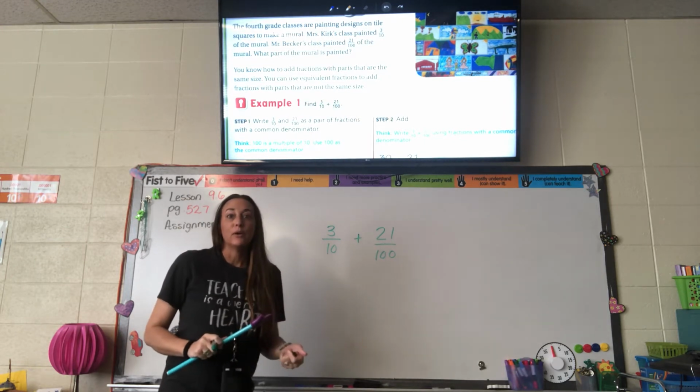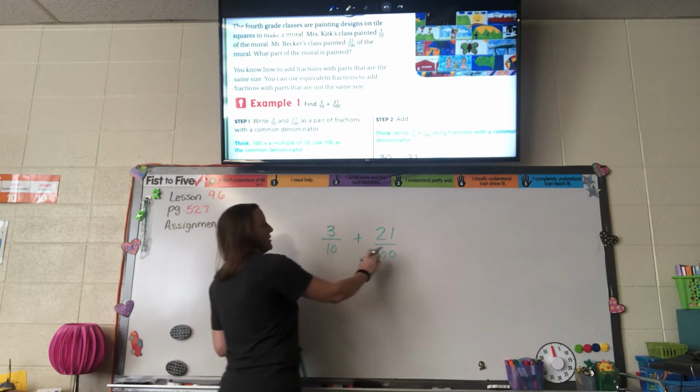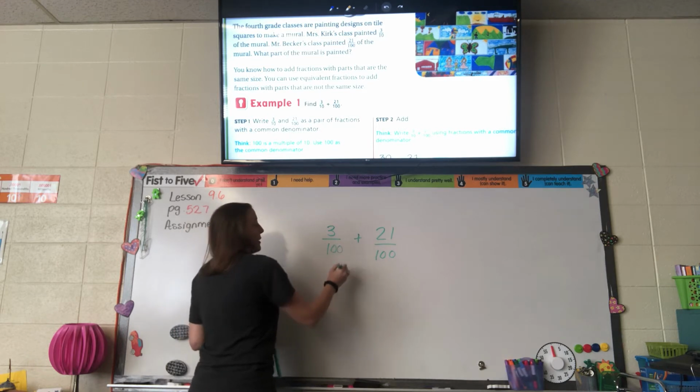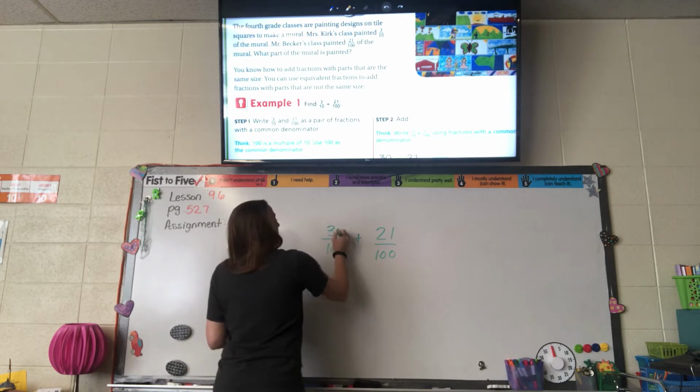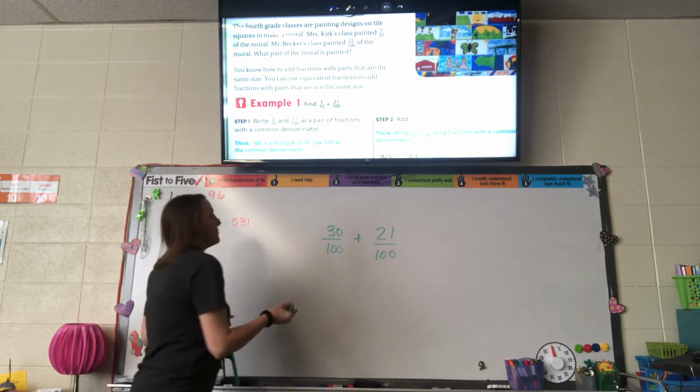But remember, all we have to do to make the 10 turn into 100 is add a 0 on the bottom. And if you do it to the bottom, you do it to the top. So now we can add them together. It's as simple as that.